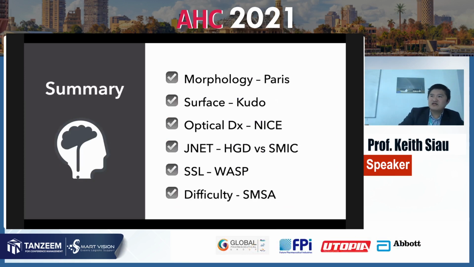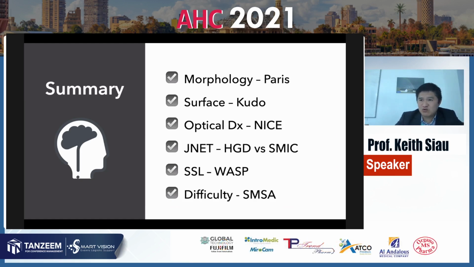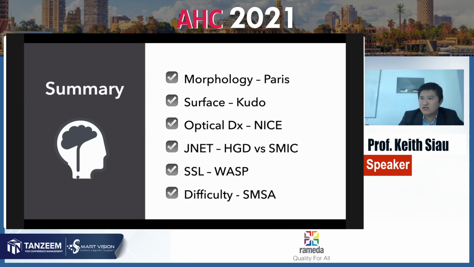So in summary, there are a lot of classifications out there. The ones that I use include morphology, what do they look like? And I use the Paris classification. What does the pit pattern and surface look like? And Kudo is good for that. What does it look like on optical diagnosis? I use NICE if I have an Olympus scope.